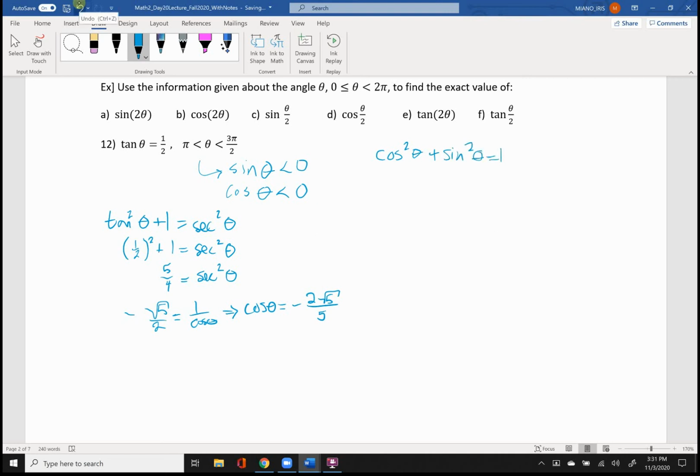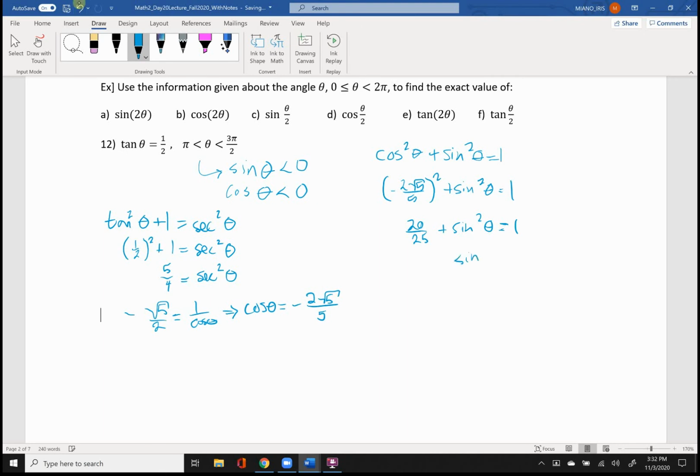Okay, so we know that cosine theta is negative 2 root 5 over 5, so go ahead and square that. And we'll be able to eventually solve for sine squared theta. So squaring all this bit, you'll get 20 over 25. Call this 1 on this side a 25 over 25, and subtract, and you'll get 5 over 25.